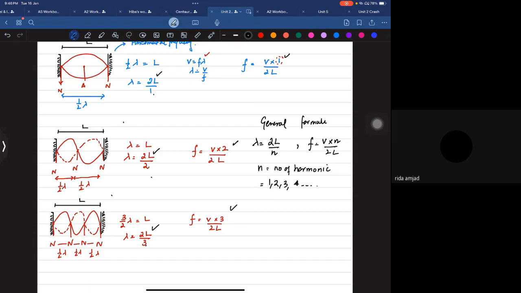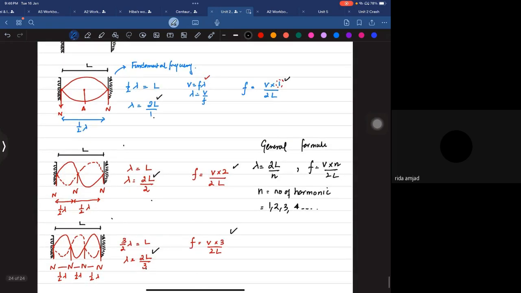So it's that simple, right? You can write it down, please, and then we shall go forward.